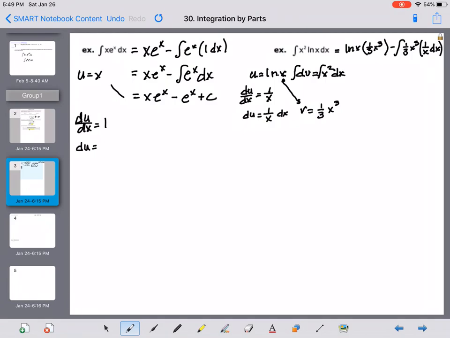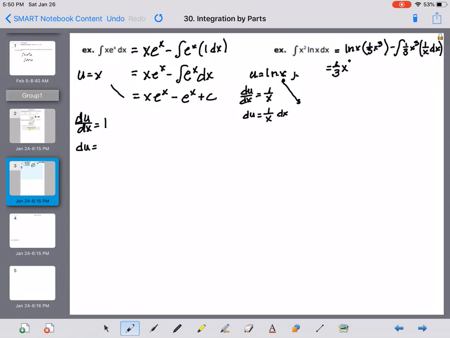So I want to spend some time cleaning this up and simplifying this down, putting everything where it goes before I decide to do the last thing, which is to integrate that last piece. I know you guys have more room than I do on here. If I want to simplify it, I'm going to put that 1/3 x cubed in the front. Remember, we like our transcendental functions at the end.